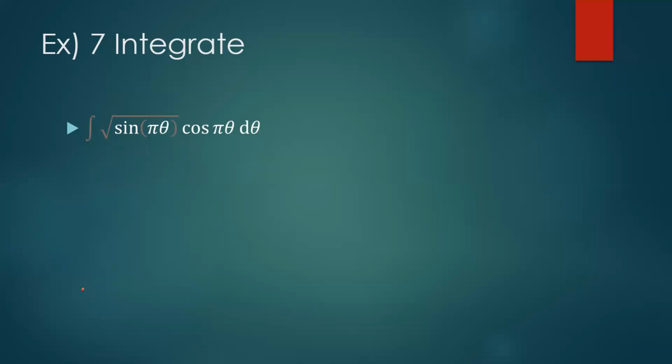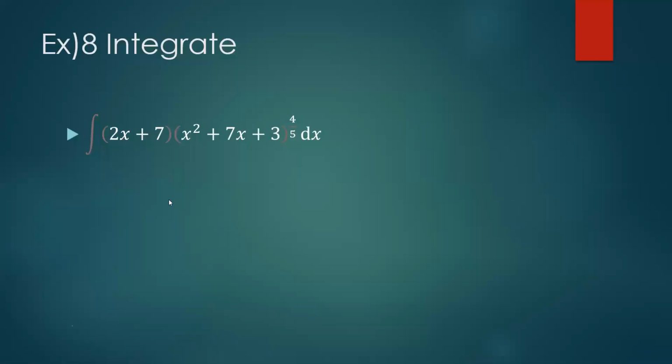Last one. Example 8. So we have the integral of 2x plus 7 times x squared plus 7x plus 3 raised to the 4/5.